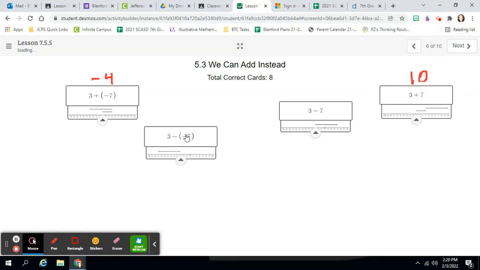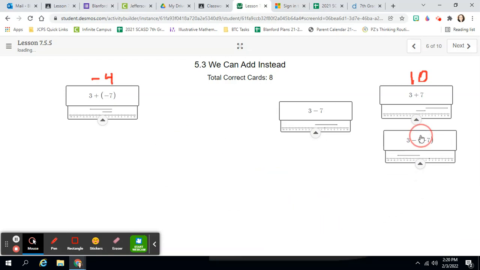If I'm getting rid of sandbags, I know that my balloon is going to go up because we're getting rid of weight, right? So that would be 3, and then getting rid of those sandbags, it's going to go up 7 more and end up at positive 10. So I know 3 plus 7 and 3 minus negative 7 are the same.